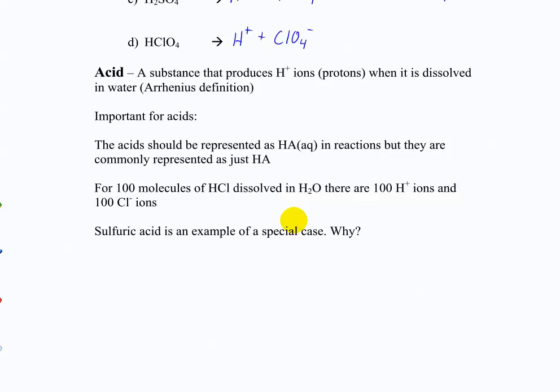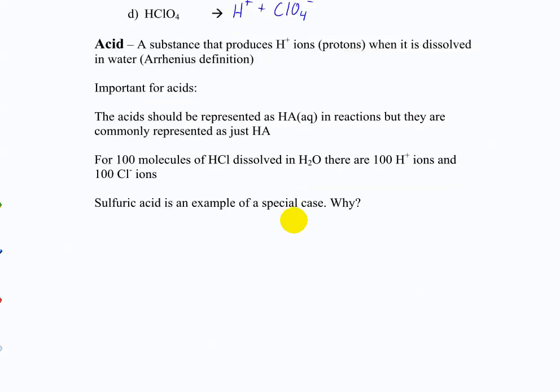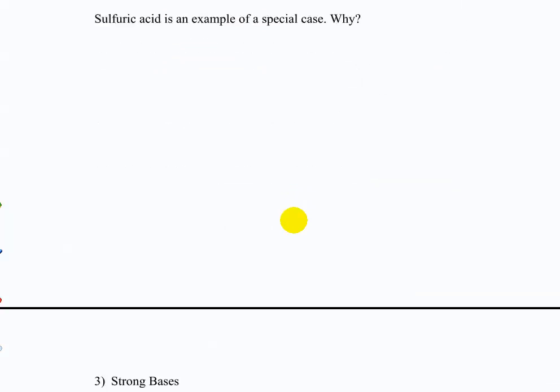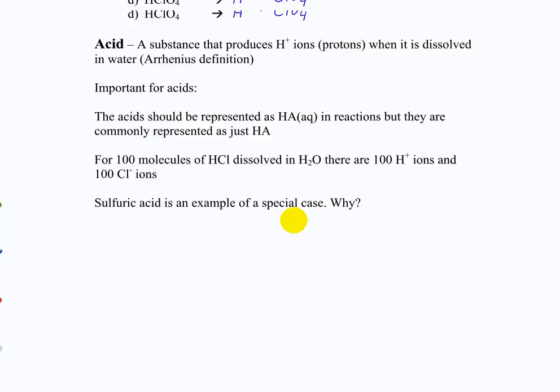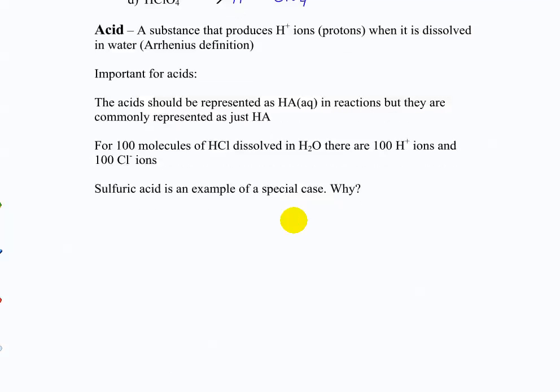Here's an example of where it gets a little bit weird. It's going to actually affect our stoichiometry calculations and our molar calculations, because when things are dissolved in water, we have to figure out how many of the actual ions.